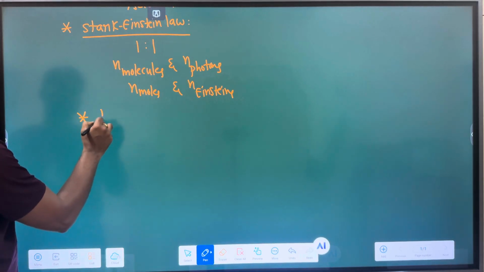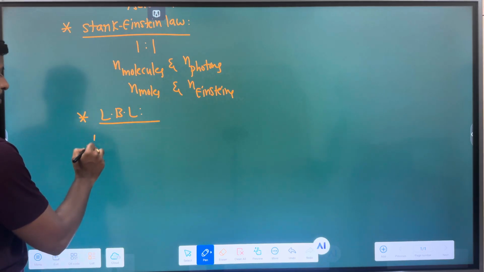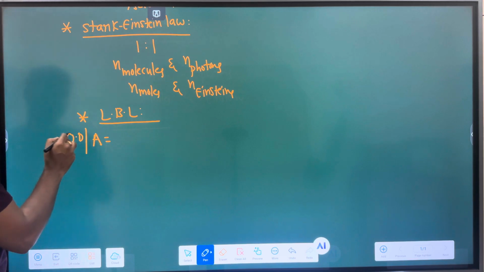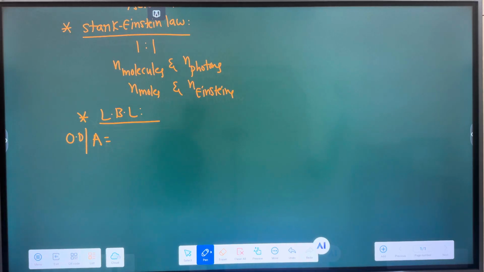Next one, Lambert-Beer's law. According to Lambert-Beer's law, absorbance, or optical density, a small difference is there but both are almost the same, is equal to various expressions.